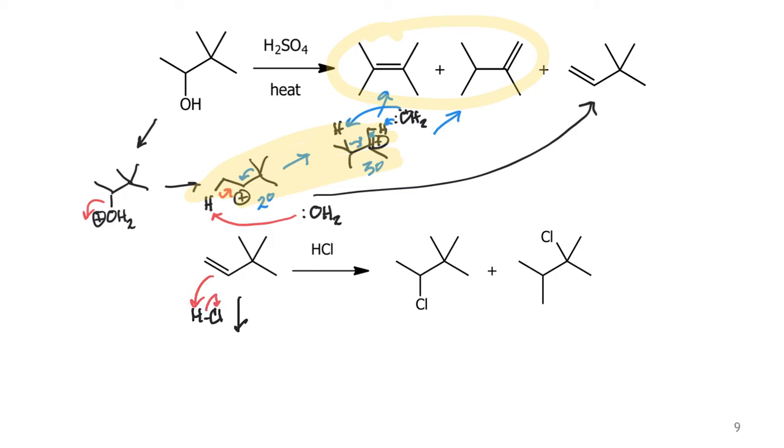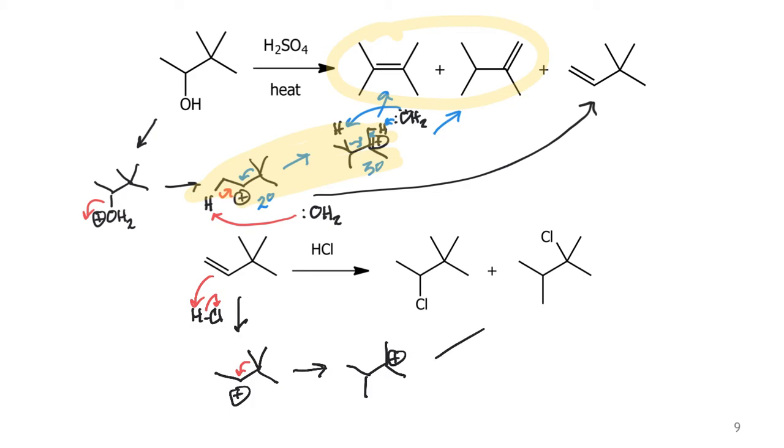Markovnikov's rule is in place, so we're going to protonate at the terminal carbon, and we would produce this same secondary carbocation that we saw above. We can get a methyl shift, rearranging this from the secondary carbocation to this tertiary carbocation.